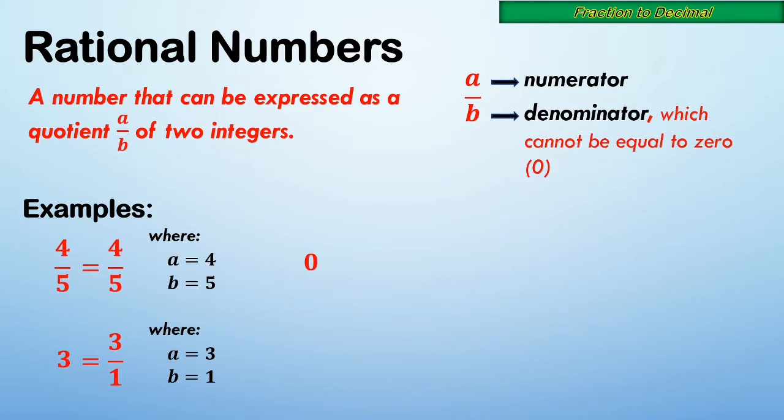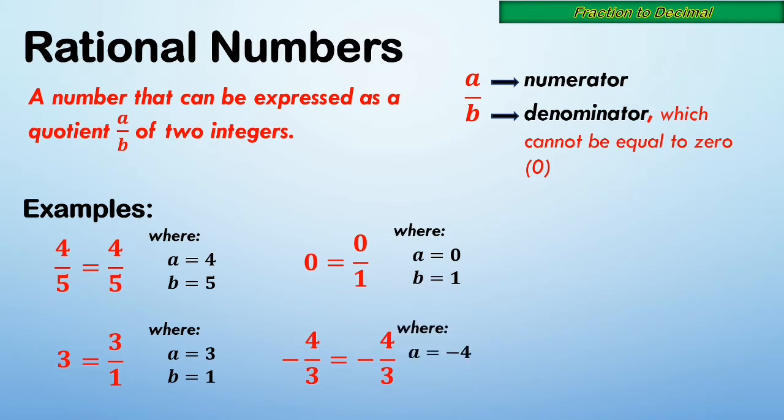We have here 0. 0 is equal to 0 over 1, where a is 0 and b is equal to 1. Okay, negative 4 over 3, in which a is equal to negative 4 and b is equal to positive 3. Isa lang ang negative dyan, which is negative 4, then our denominator is positive 3.